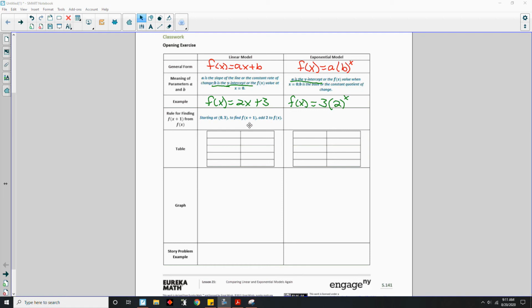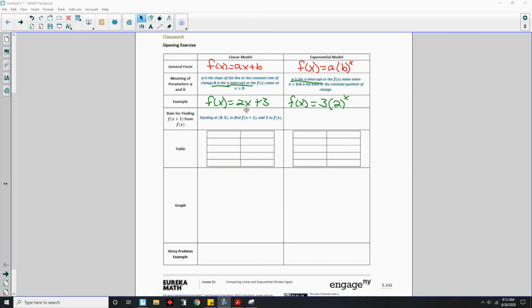And this f of x plus 1, by the way, just simply means the next x value. If x was 0 originally, the next is 0 plus 1, or 1. The next would be 1 plus 1, which is 2. The next would be 2 plus 1, which is 3. So we're just adding 1 to the prior x value to get to the next value.